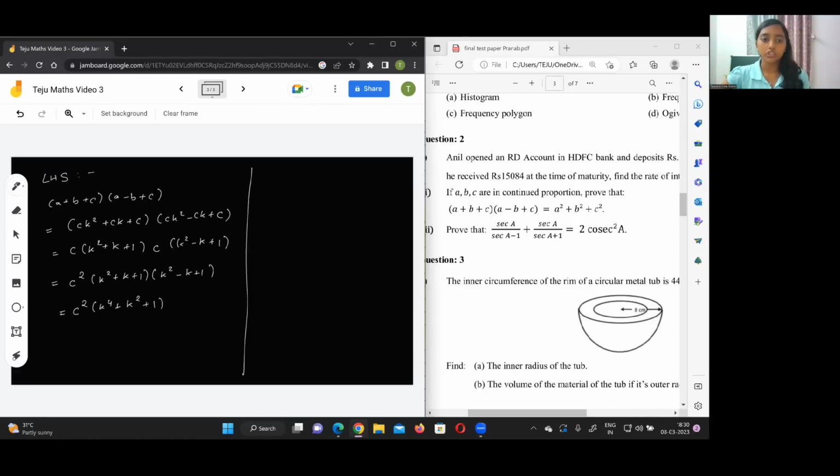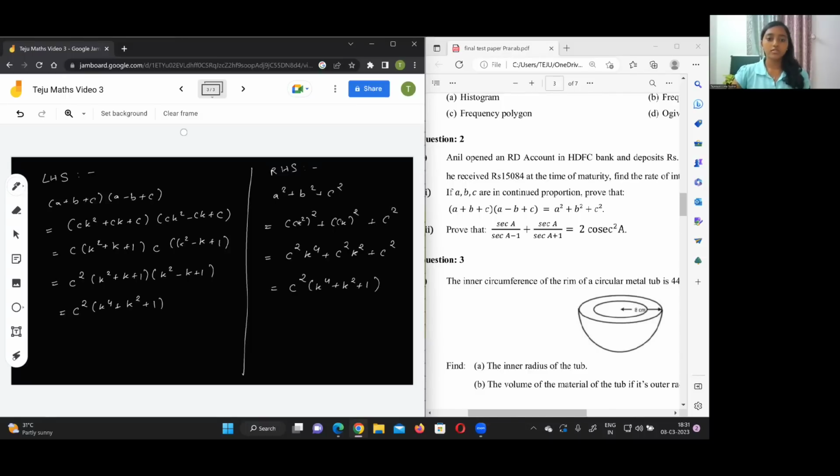Now let's do the RHS. RHS is nothing but A square plus B square plus C square, which comes down to CK square whole square plus CK whole square plus C square, which is C square K to the power of 4 plus C square K square plus C square, which is nothing but C square common taken, K to the power of 4 plus K square plus 1.